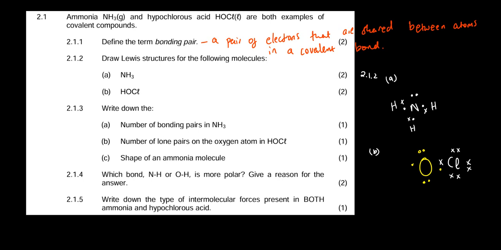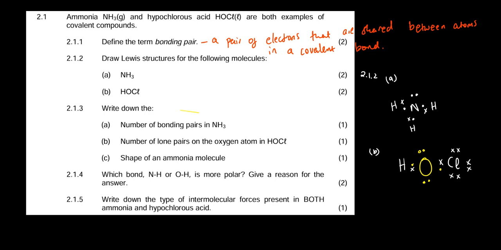And then we can bring the hydrogen there at the oxygen. Is this okay? Yes, sir. Is it correct? Yes, it's correct. That's correct there. That's how you draw the Lewis structure for hypochlorous acid, which is HOCl.